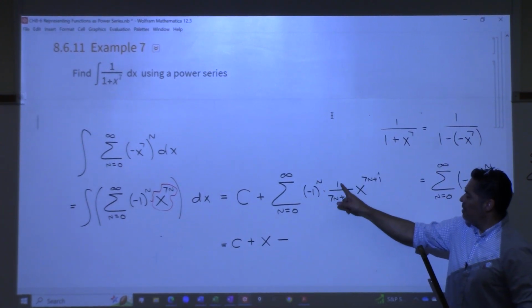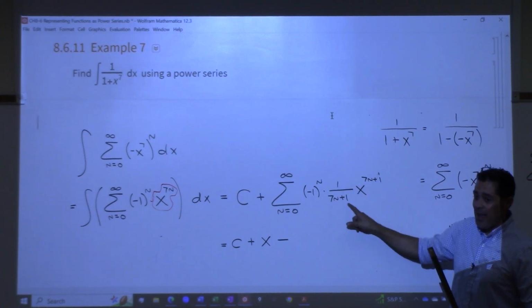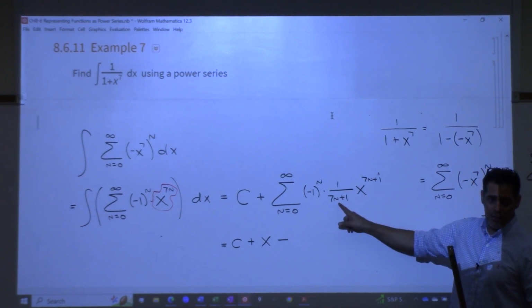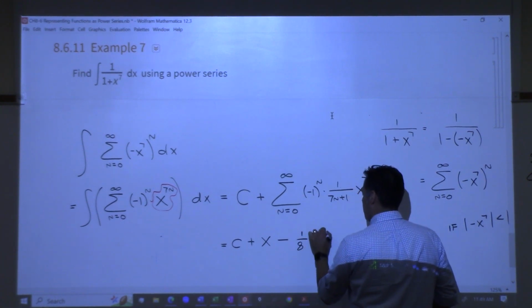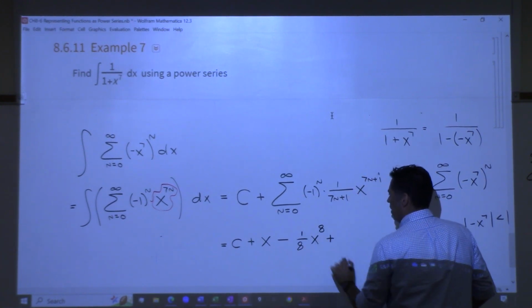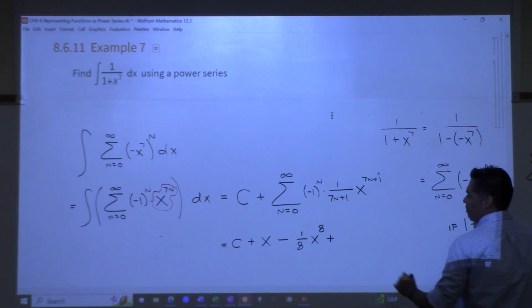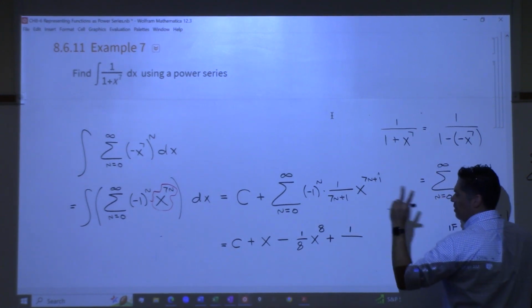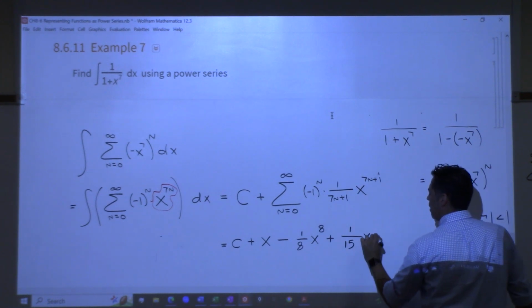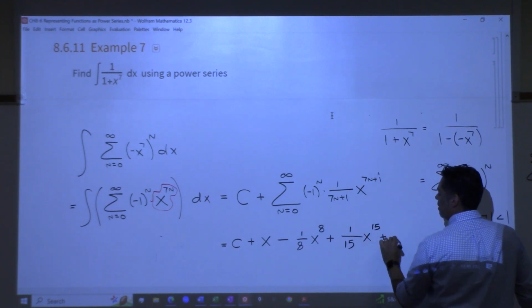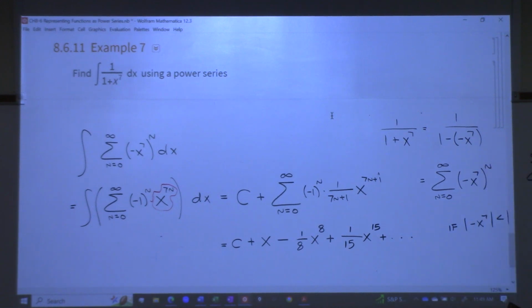If we plug in 1 down here, we get 1/8, x to the 8th. Plus, next one, we're plugging in 2 for n: 1/15th x to the 15th, plus dot, dot, dot. That keeps going.